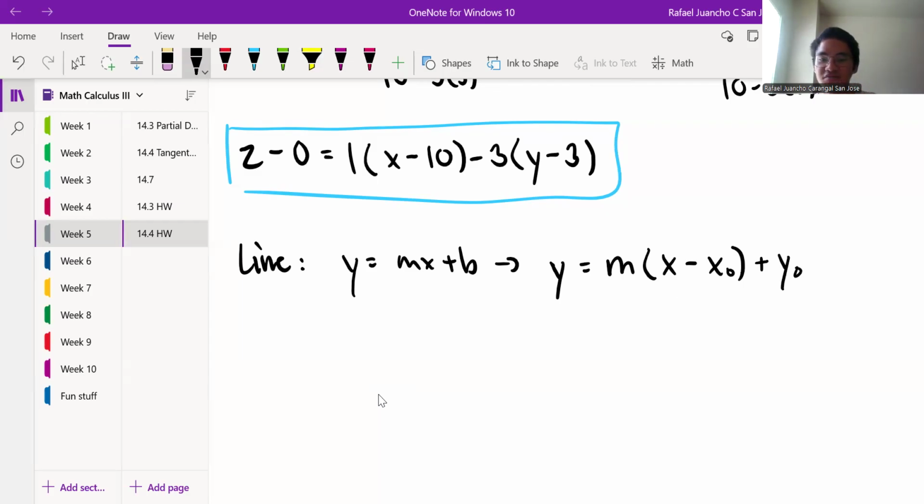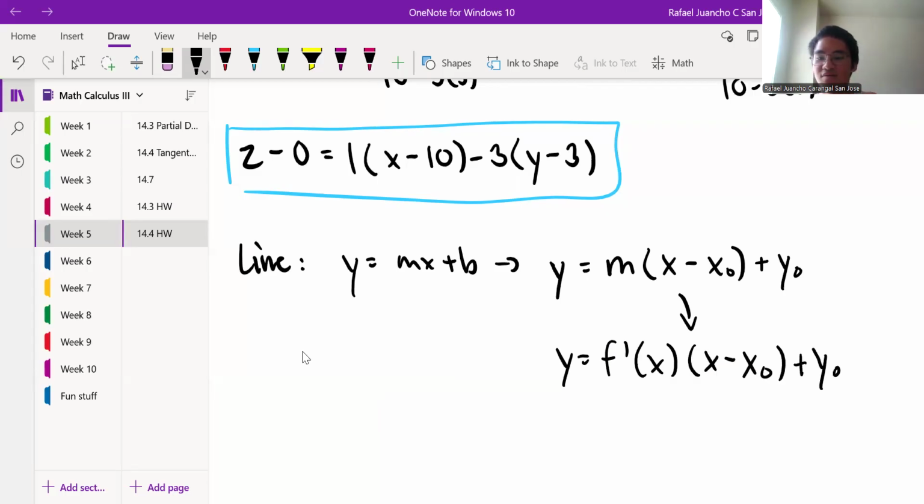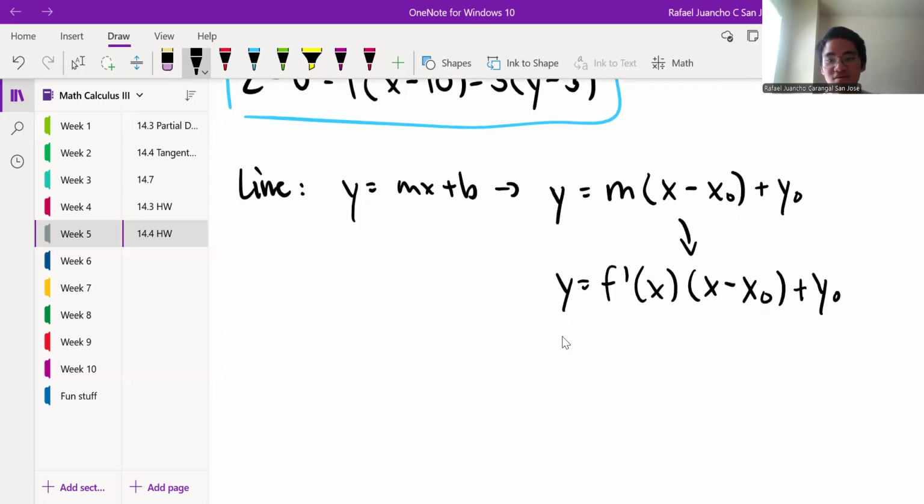And then we just realized from here that m is just the derivative. Let's say that's a function, so our derivative at that point. So that's how we keep on building these types of stuff, right?